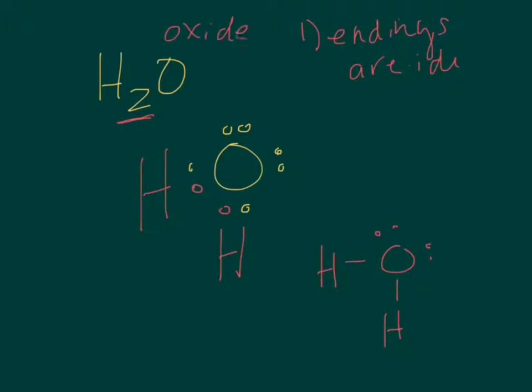Okay, so that part is easy. So then we have to look at our first element, okay? And so again, we just name, sorry, that's an N, I need an N. We just write the name of the first one.